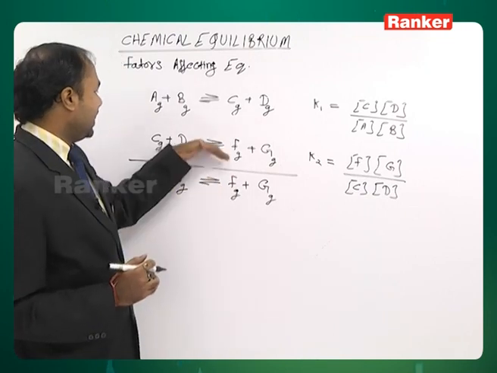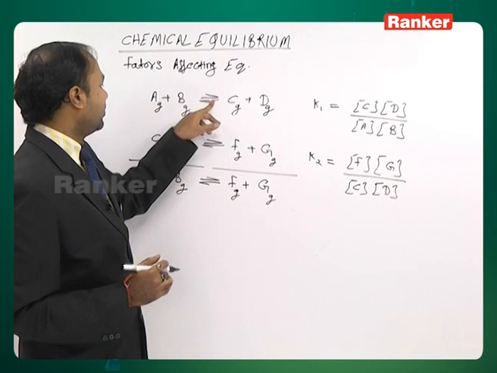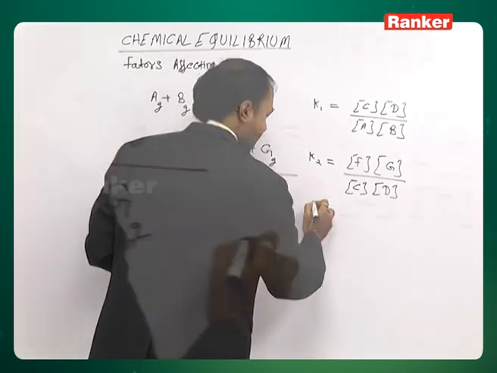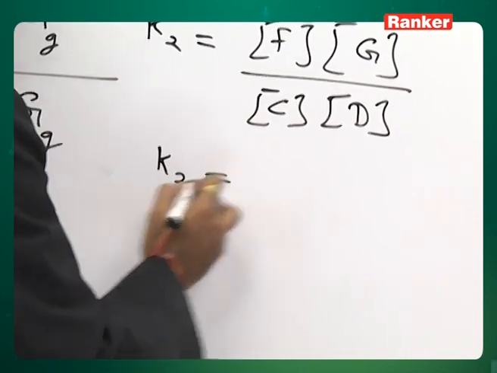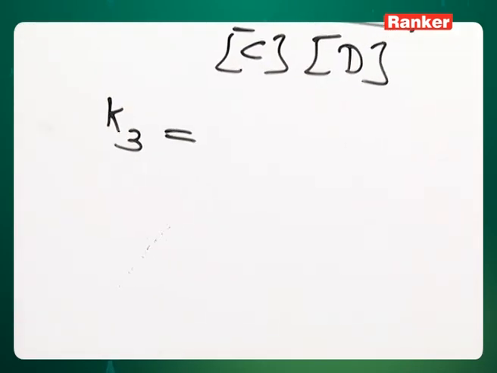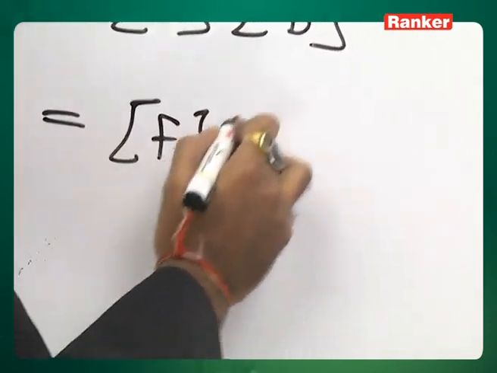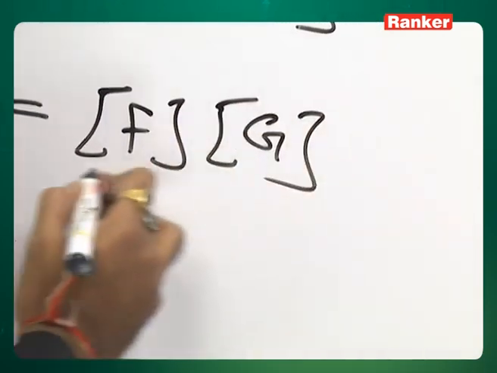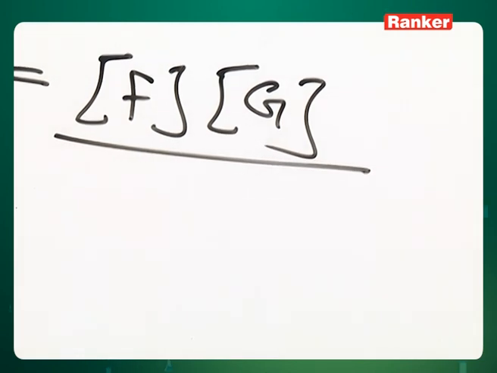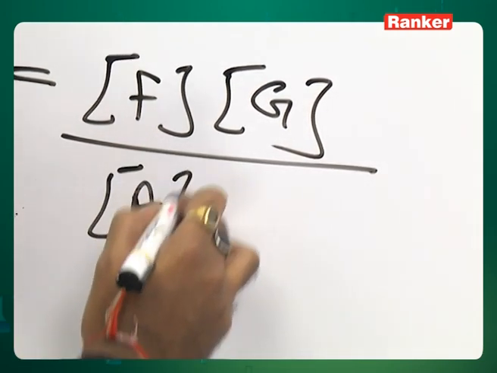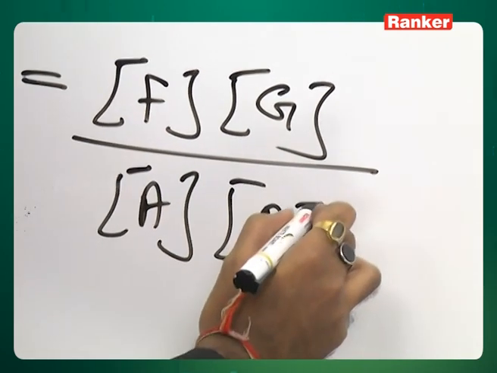The third one, which is the net, the resultant equilibrium of these two equilibria, will be K3, and K3 can be written as equal to concentration of F into G upon concentration of A into concentration of B.